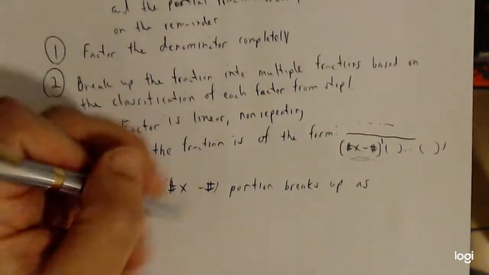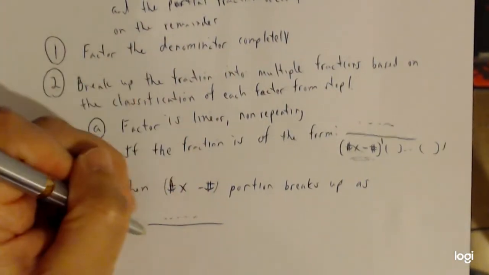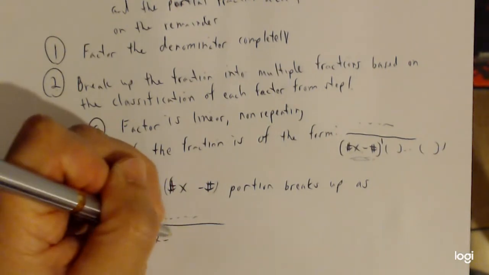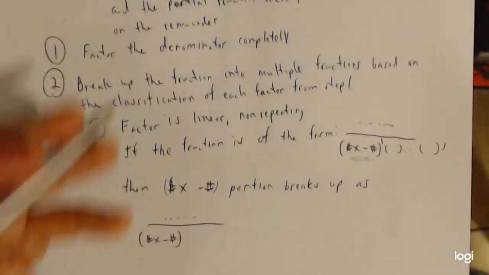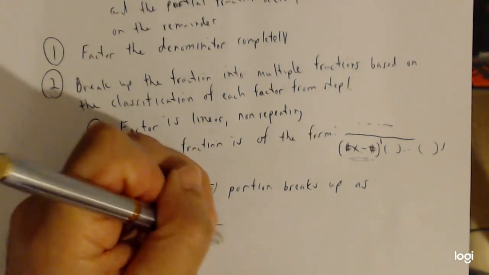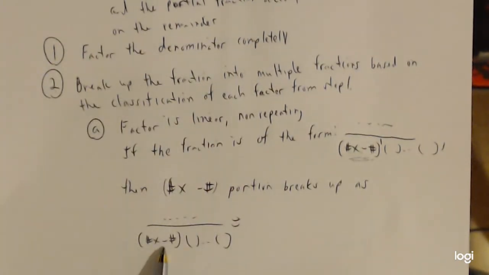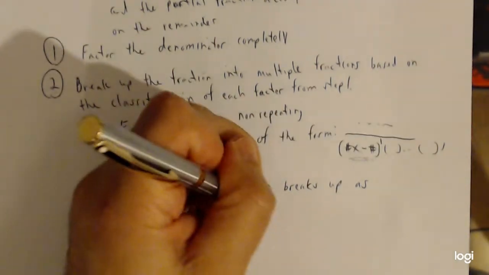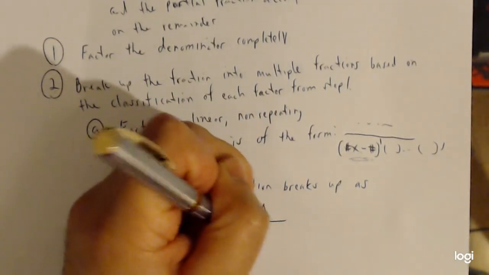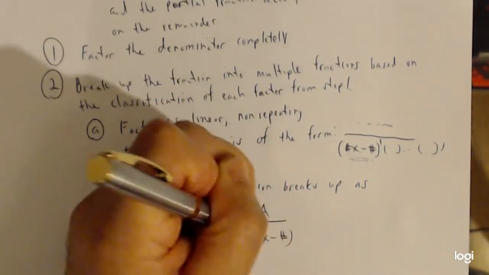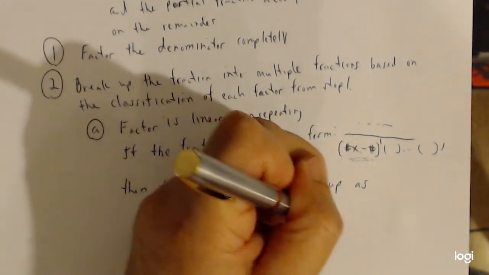So we'll have our fraction over a number x minus the number, which is our linear factor, and then this has other things that are also factored. But just this part would break up to what? A over a number x minus a number. And then I'll have plus some other stuff.